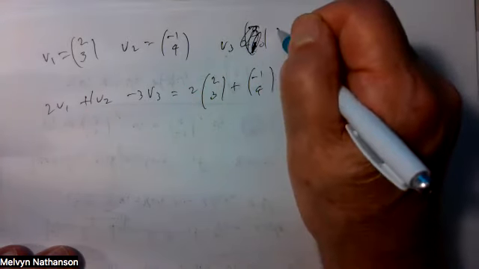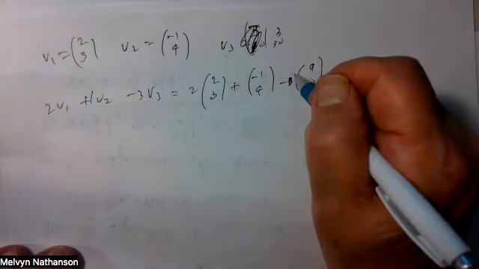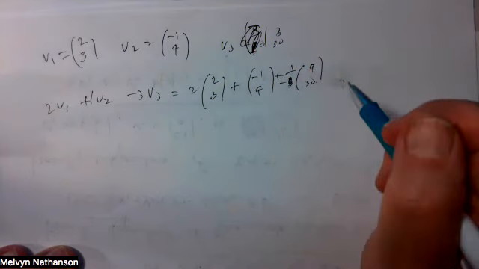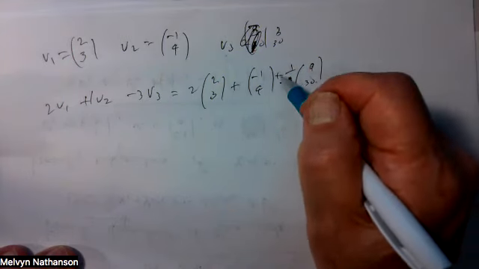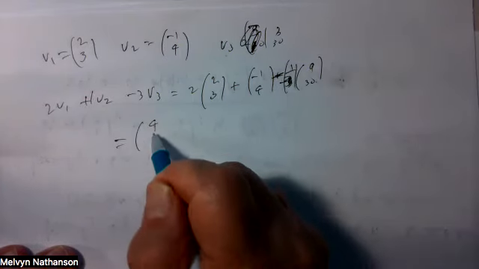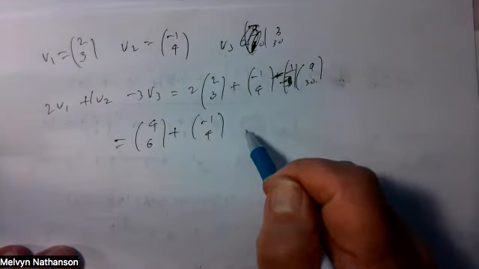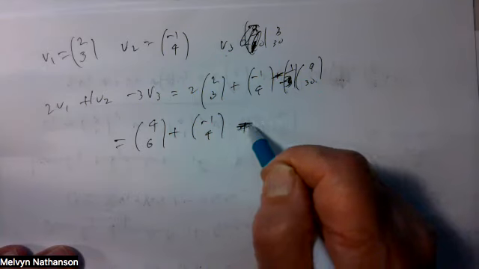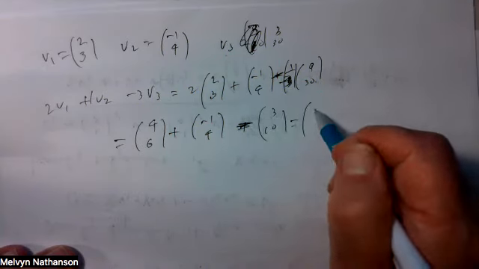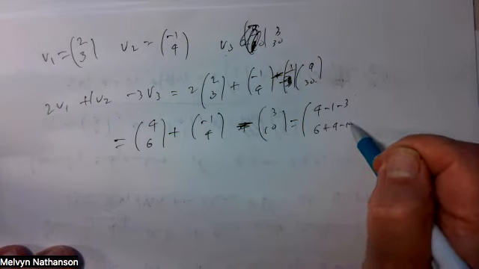So this is (4, 6) plus (-1, 4) minus (3, 10). And what is this? 4 minus 1 minus 3, 6 plus 4 minus 10.